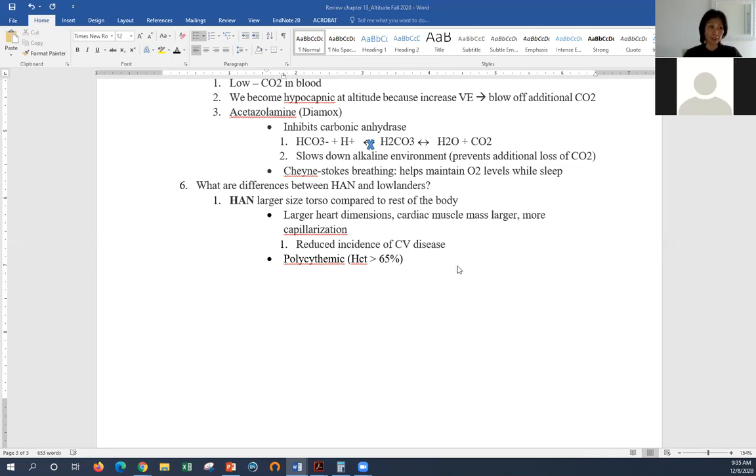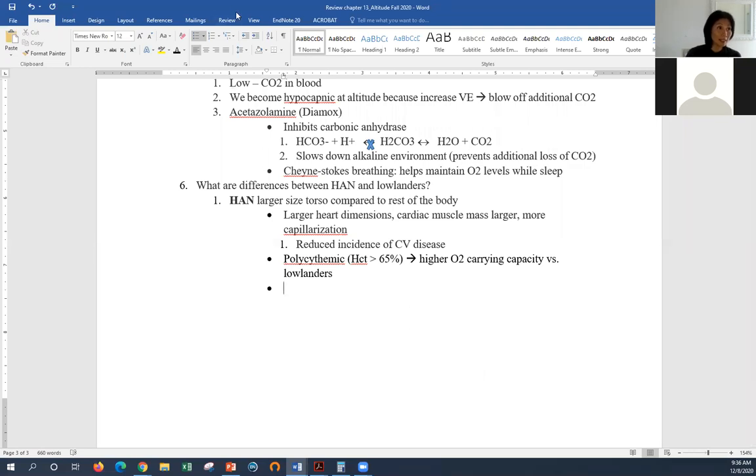But highlanders are polycythemic, which means that they have a higher oxygen carrying capacity versus lowlanders, so that they are naturally acclimatized to altitude.